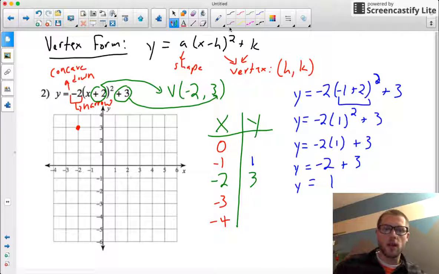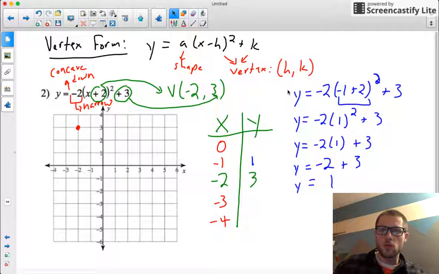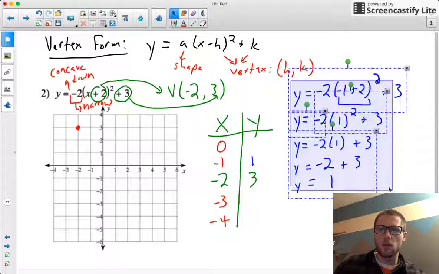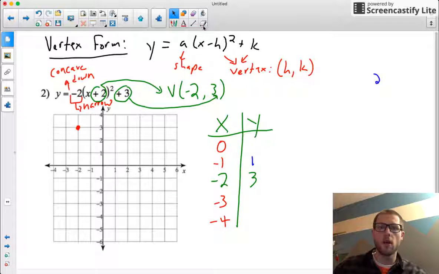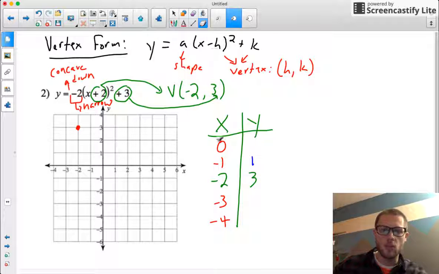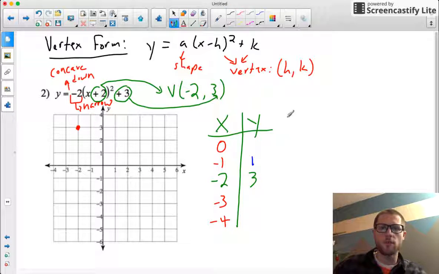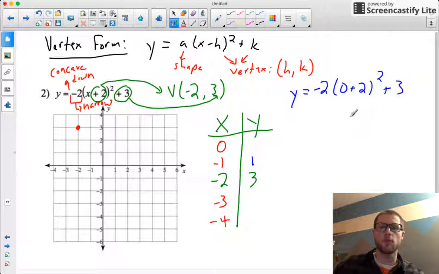All right, so let's do that again. And this time we're going to plug in 0 for x. So I've got y equals -2 times (0 plus 2) squared plus 3. And again, I want to start with parentheses here.